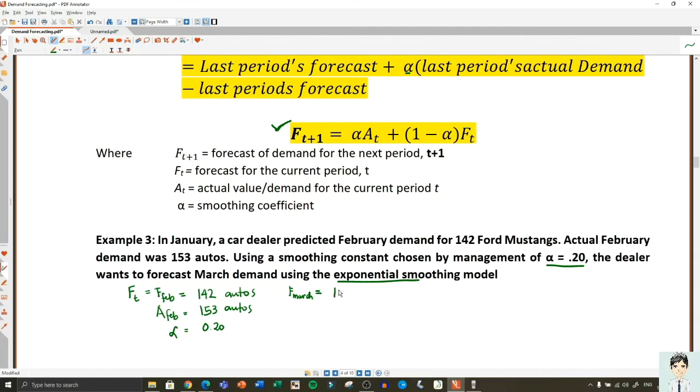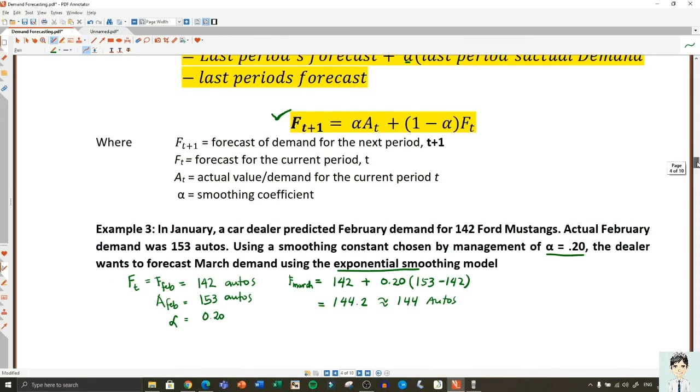So for the month of February, we have 142 plus ano yung smoothing constant natin? 0.20 times actual demand 153 minus the last period forecast 142 is equal to what? 144.2, or kung i-round off natin, 144 autos for the Ford Mustang. So that's the first formula.